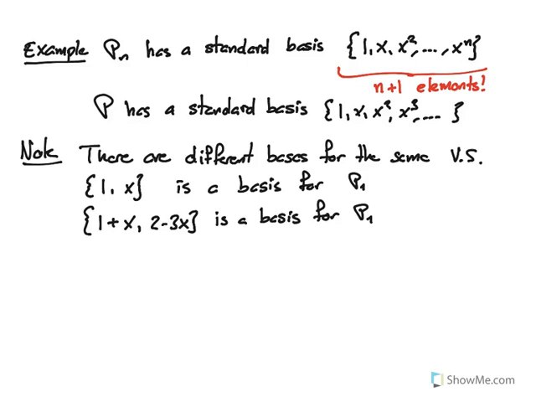So there are n plus 1 elements in the standard basis for Pn. And then we have our one infinite dimensional example of a vector space that we've talked about, which is P, the set of all polynomials. And here, of course, the standard basis is also the polynomials. It's just you have to continue and include all of them.